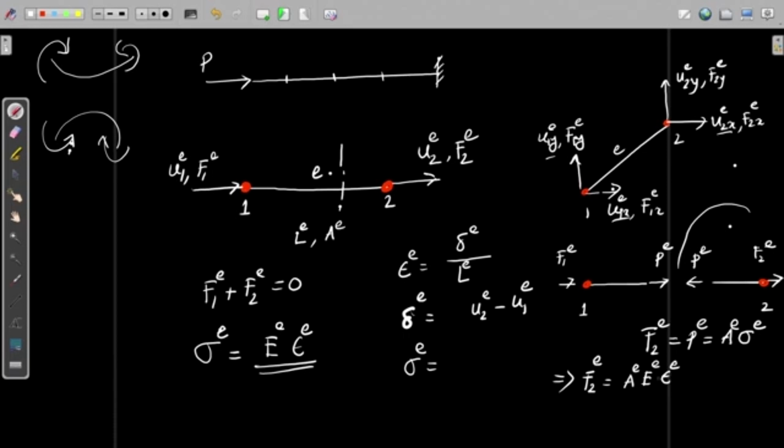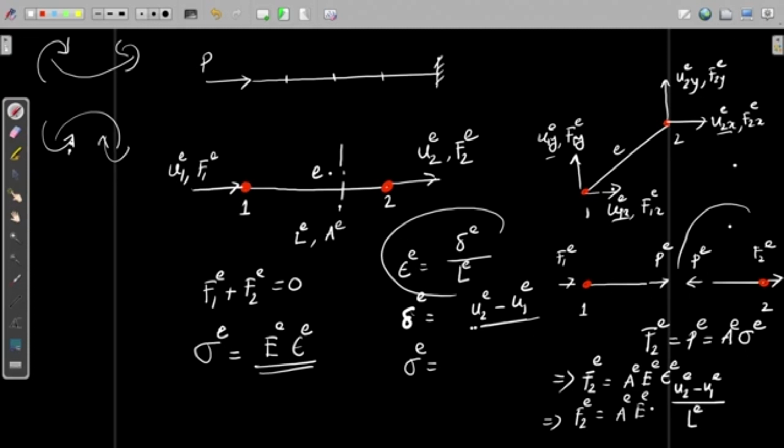Then if we substitute the definition of strain, this gives you F2E is equal to A E E E into delta E, and delta E we have already seen is U2 minus U1, divided by L E.